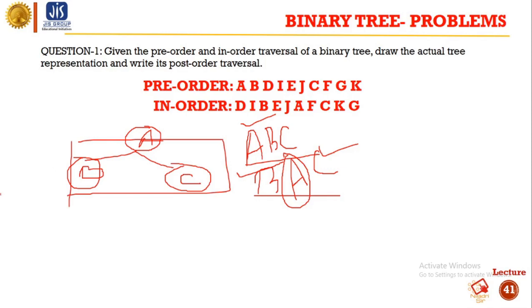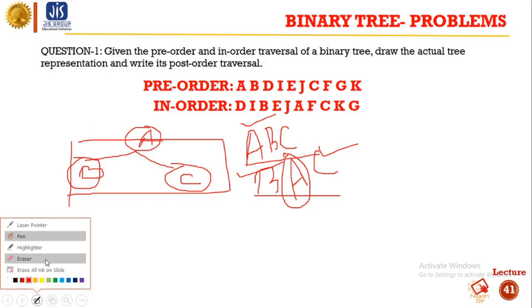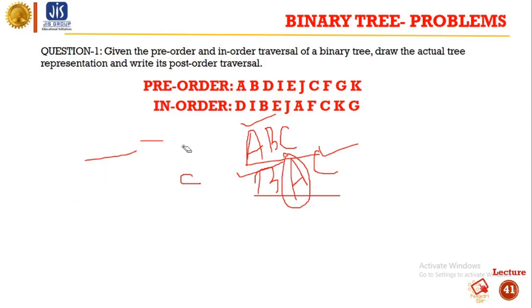So this is how we can draw the binary tree from pre-order and in-order traversal. So let's do this problem.